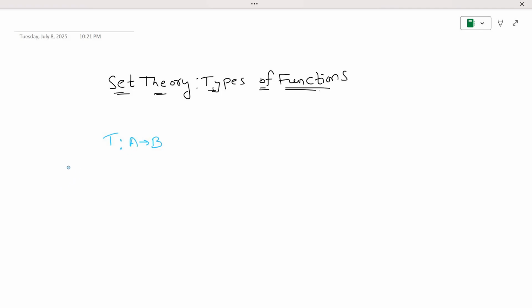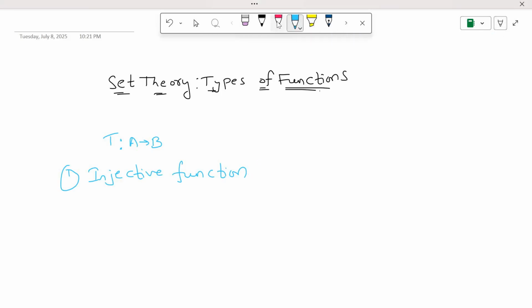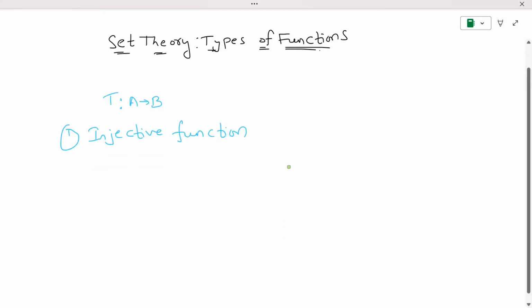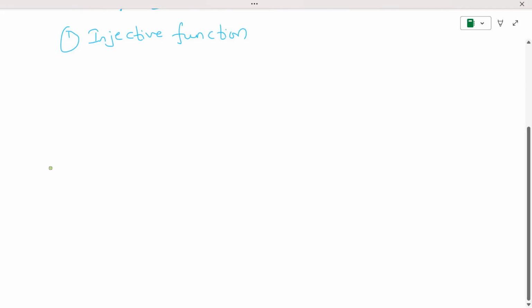So in types of functions, first let us understand the injective function. A function, it is said to be injective.